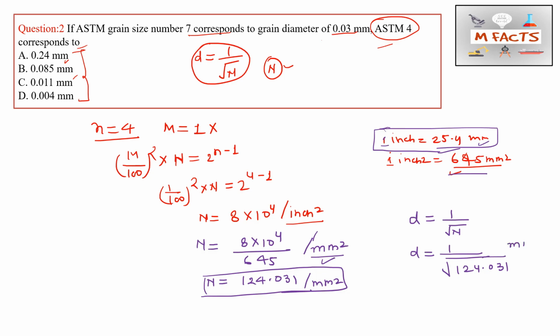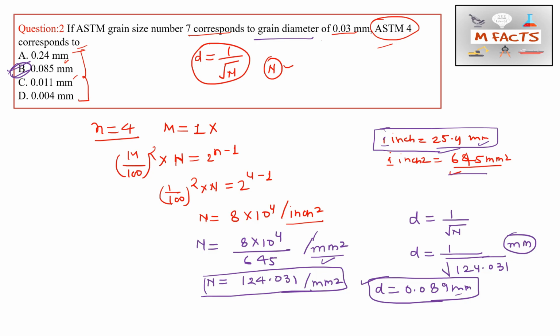This will come in mm, and d is approximately 0.089 mm. Now we see the nearest option for this question. This B part is near to 0.089, so this is the correct answer for this question, and this is how we are able to calculate this grain diameter.